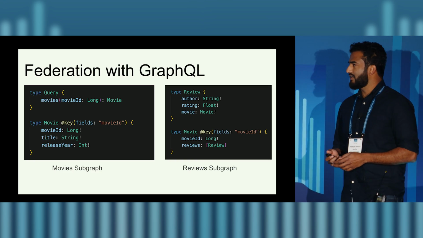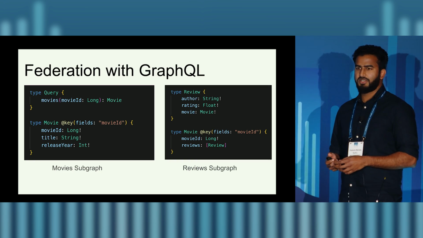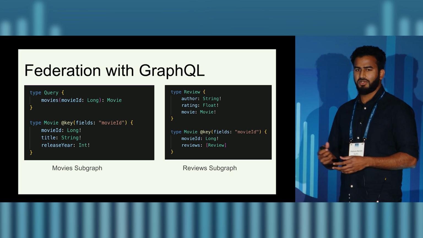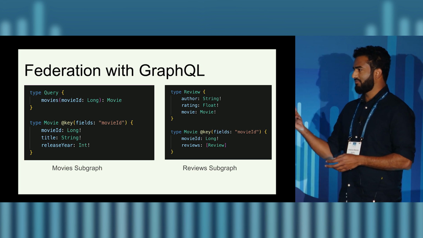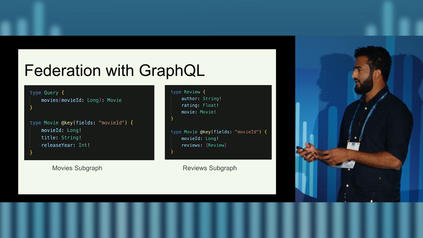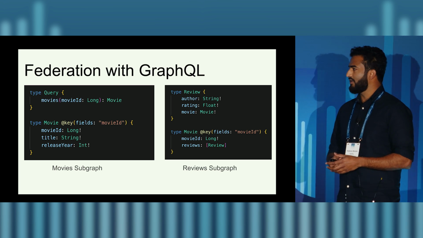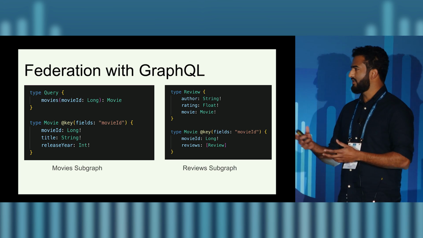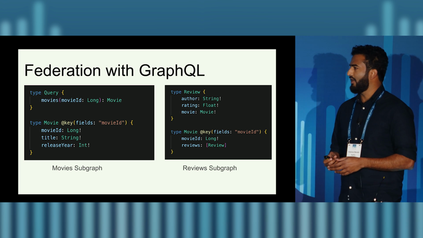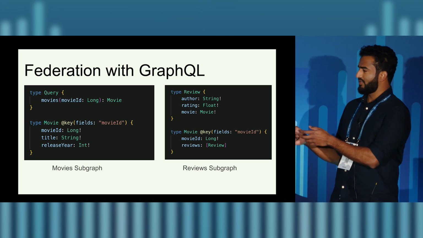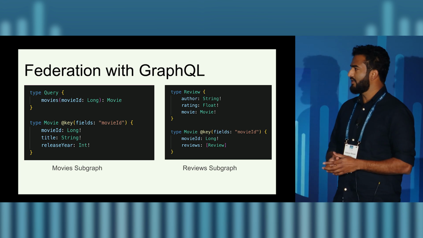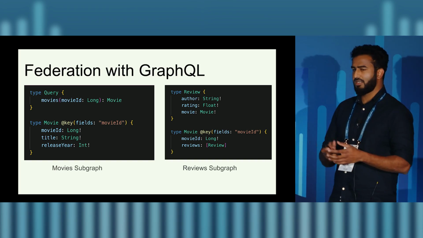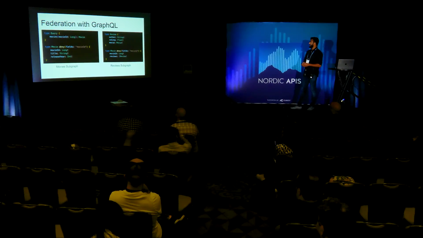So let's get started with a very simple example. Let's review what federation is if you're not familiar with it. Here I'm using a very simple example of movie and reviews. This is not how we do it, but it's a very contrived example. Let's assume that the movie subgraph and review subgraph are two different domains owned by two different teams with no overlap whatsoever.